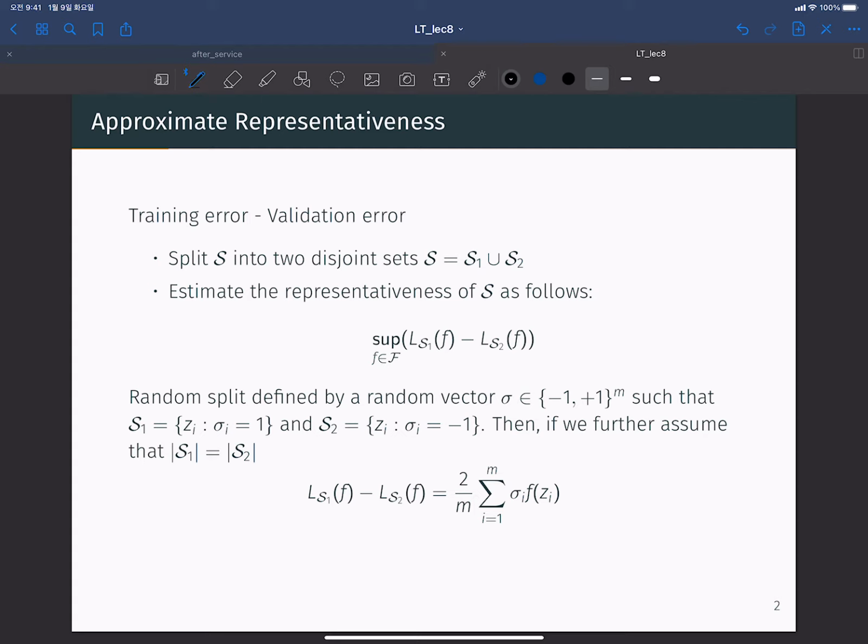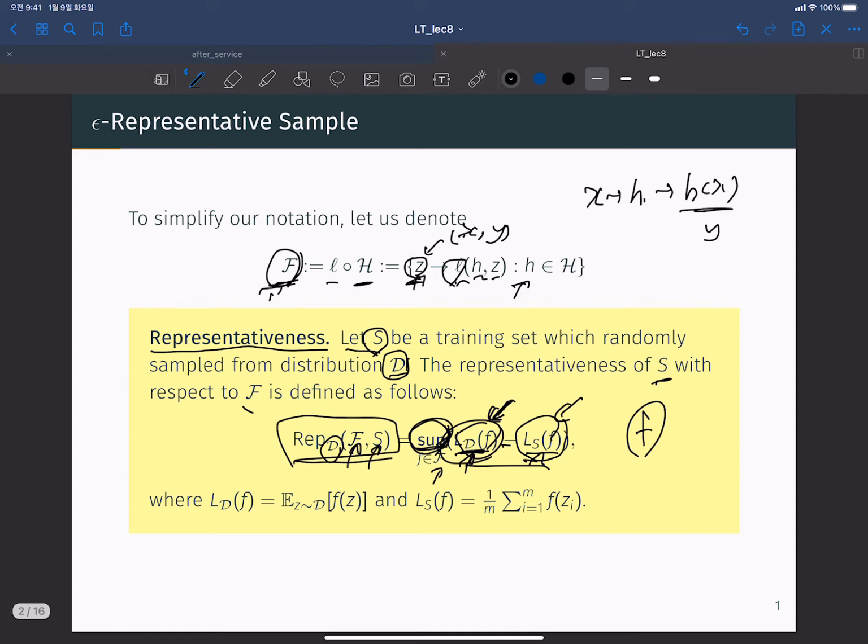We find a good model that explains the training data very well using the training data, and then estimate the true performance of the trained model using the validation set, which gives the validation error. So the true test error can be estimated using the validation error, and the training error can be estimated using the training set.